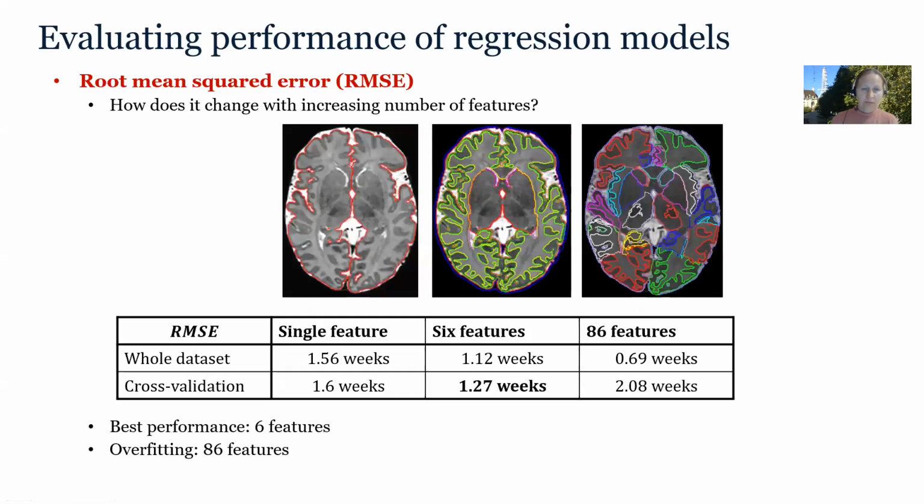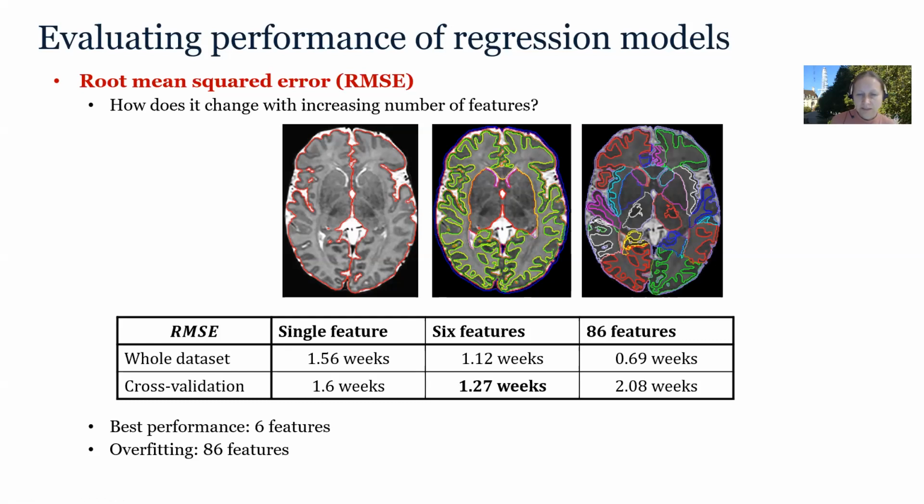So now let's see what happens if we measure the performance using root mean square error. On the whole data set, we can see that root mean square error decreases as we increase the number of features. But again, when we use cross-validation, the error will decrease from 1 feature to 6 features, but then again increase if we use 86 features.